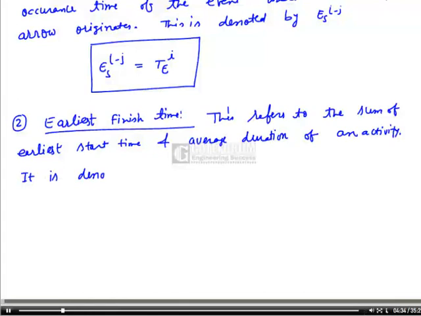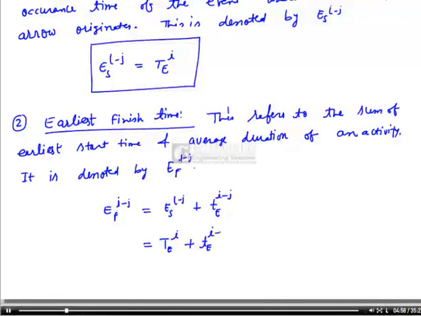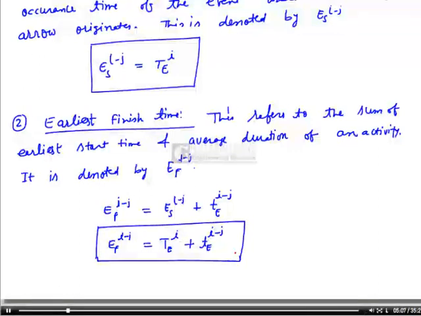It is denoted by EF I to j. This is the sum of earliest start time plus average duration of the activity. So this can be written as T of I plus T of I to j, earliest finish time. This is I to j. So this is earliest finish time.